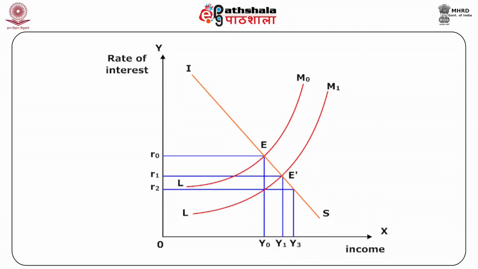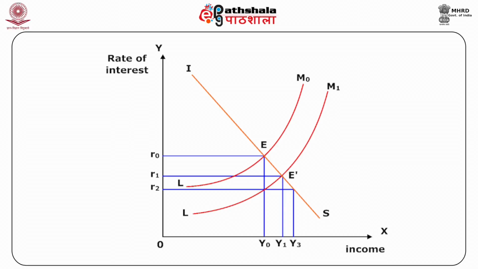If the rate of interest is lower, then we would expect that income could actually increase up to Y3. At Y3, there is some kind of excess supply in the product market, and this is known as full expansionary income. But because this excess supply is not sustainable in the product market, the economy moves along the IS curve upwards till it reaches an equilibrium at E prime.